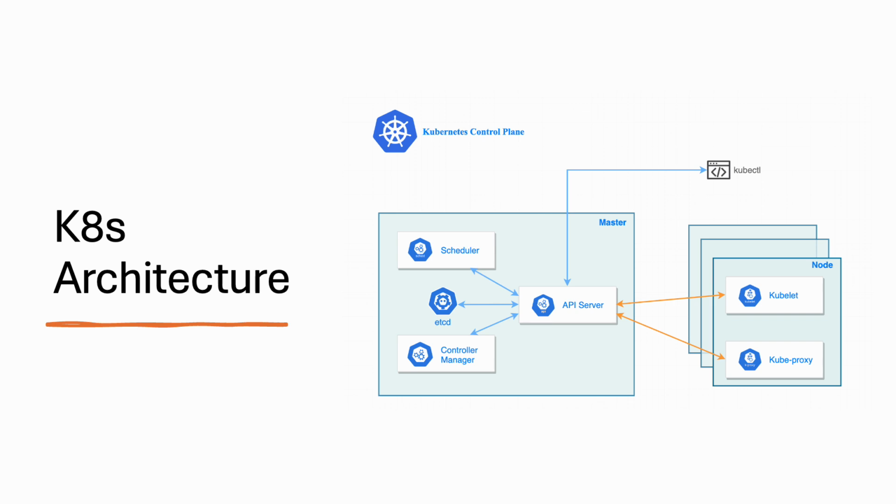Kubernetes architecture. This diagram shows at a high level how Kubernetes is functioning when your application is running on it. It contains a master node, which is in charge of the cluster and making scheduling changes.